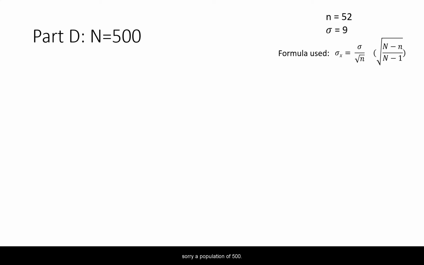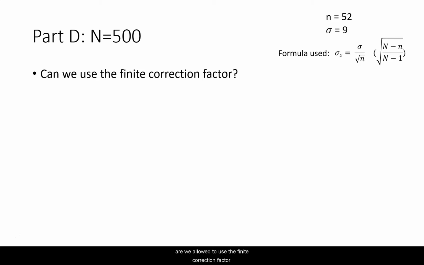Now, our last part here, part D, we are assuming a population of 500. And once again, I'm going to ask you, are we allowed to use the finite correction factor?